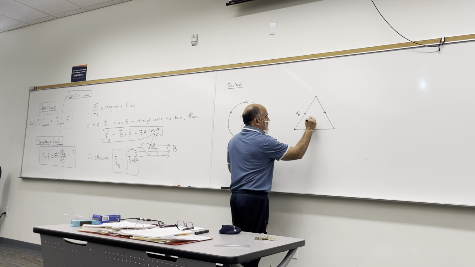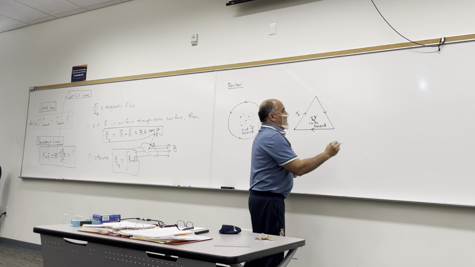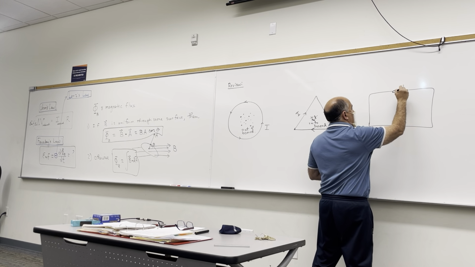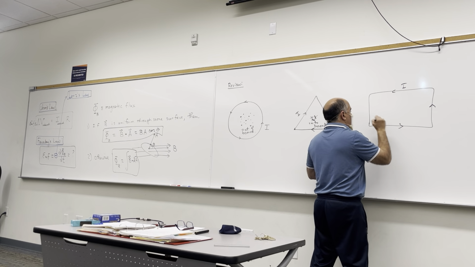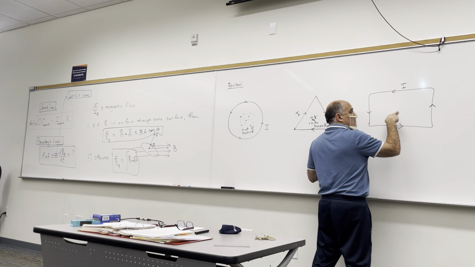So that'll be into. And what if we have a loop like this, and the current is like that? What about the direction of the magnetic field over here? Out of the board. Oh, wait. Out?